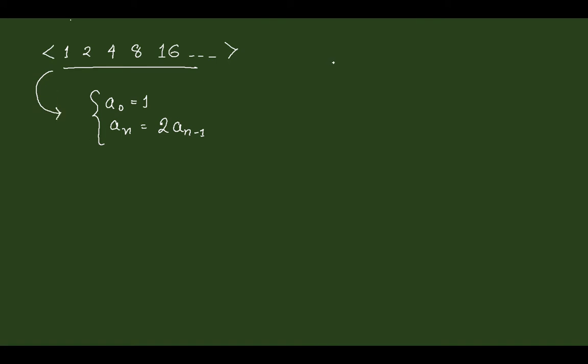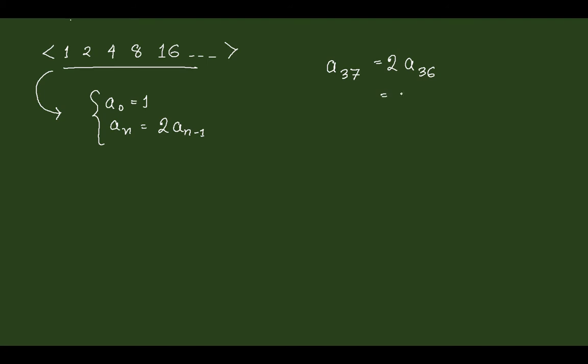Now I tell you that you need to calculate A37. So to calculate A37, we know that for any term from this sequence, it can be calculated by this formula. So A37 would be simply 2 into A36.